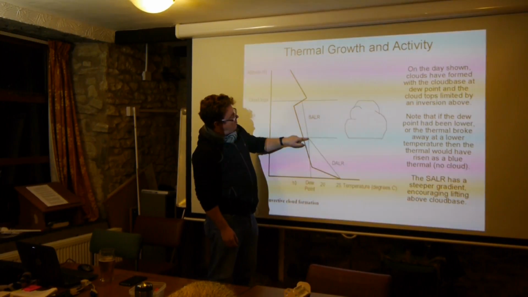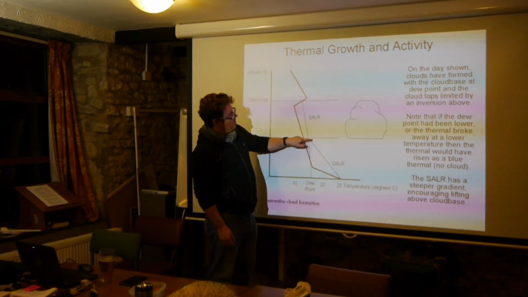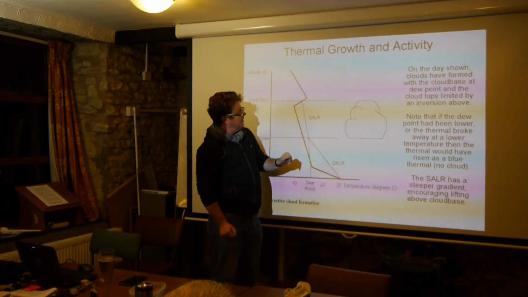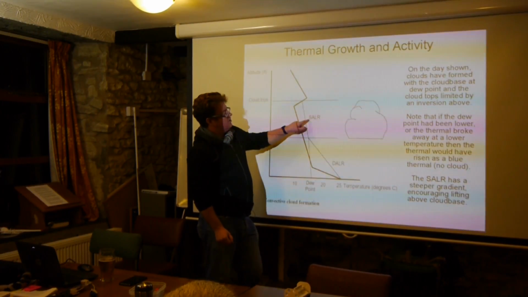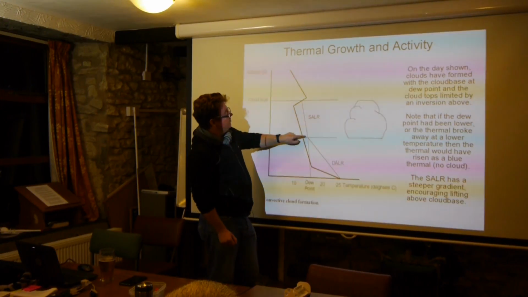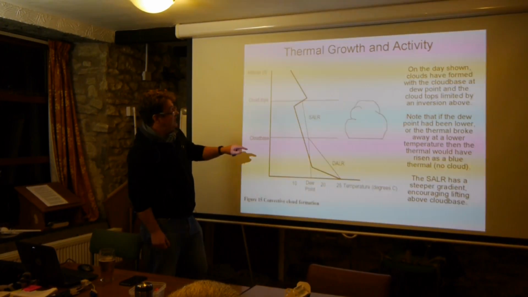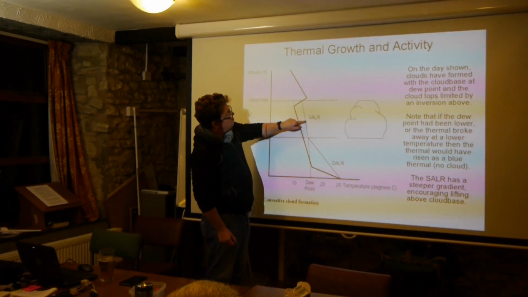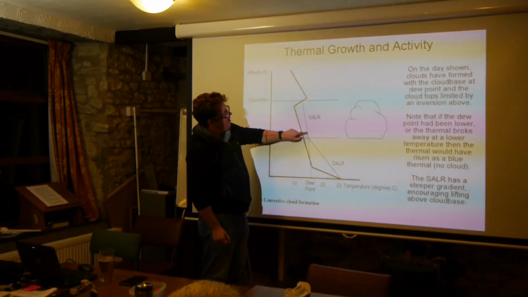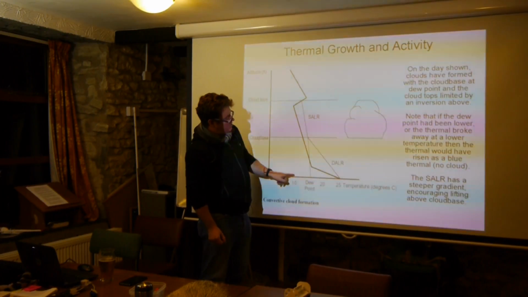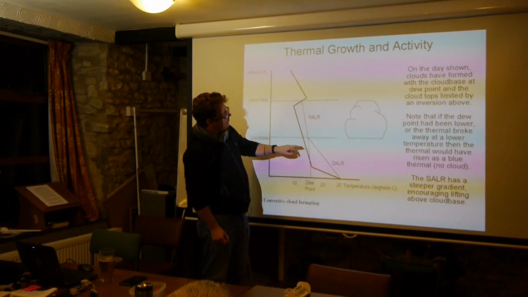At that point, the rate of cooling of your parcel of air changes from the dry adiabatic lapse rate to the saturated adiabatic lapse rate, which is 1.5 degrees per 1,000 feet. So it's a much steeper line, in that it goes up with much less loss of temperature.